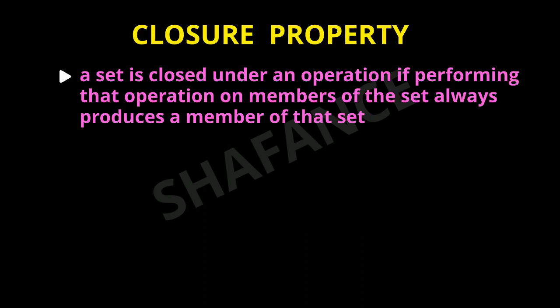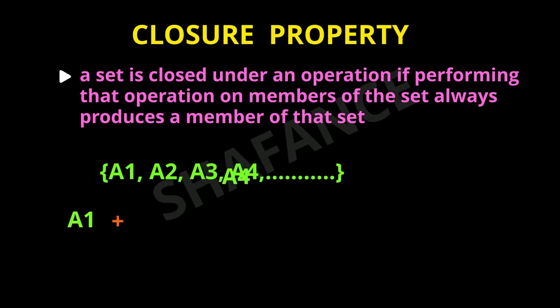Let us understand this through an example. We take a set of numbers A1, A2, A3, A4 and it goes on. We take any two numbers, A1 and A4 in the instance we have taken, and we do the addition operation on them. So we add A1 and A4. In place of A1 and A4, we can take any two numbers of that set.